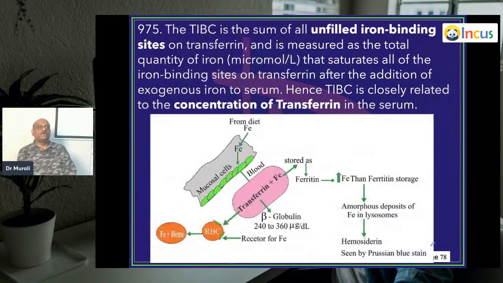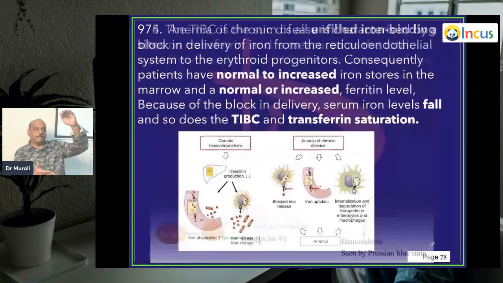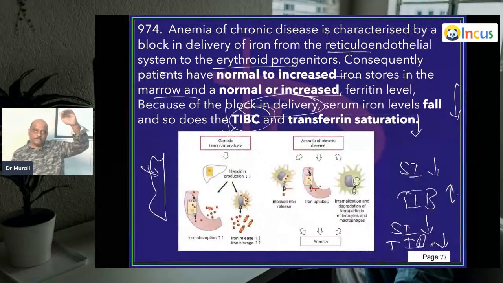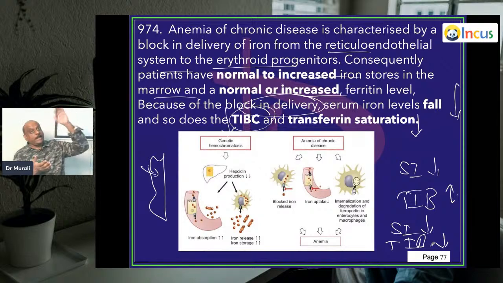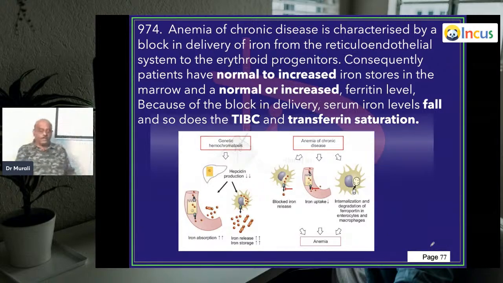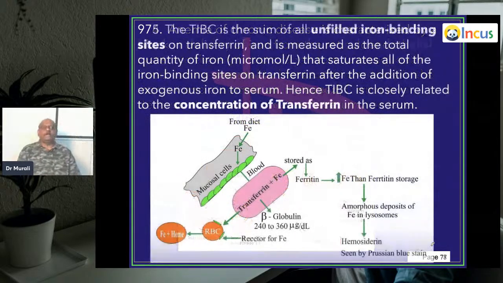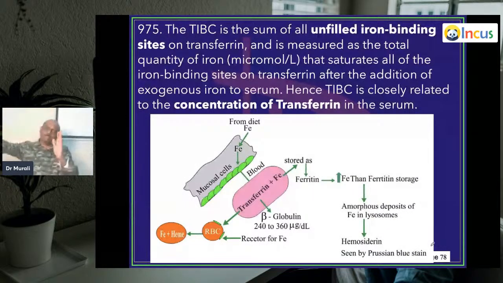All right. So one is ferritin high, anemia of chronic inflammation. Ferritin low, iron deficiency. TIBC high in iron deficiency. TIBC low in anemia of chronic disease. That's what you need to ultimately remember. Every entrance you go, doctor, how do you differentiate iron deficiency from thalassemia, from sideroblastic anemia, from anemia of chronic disease?